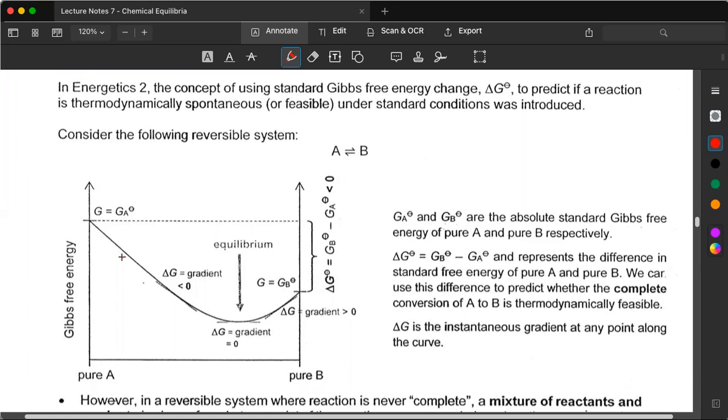The more negative, the more feasible. So this is the equilibrium. This is pure A. As the reaction proceeds to form B, the Gibbs free energy goes down, then towards B it will go up again. Equilibrium is somewhere in between.